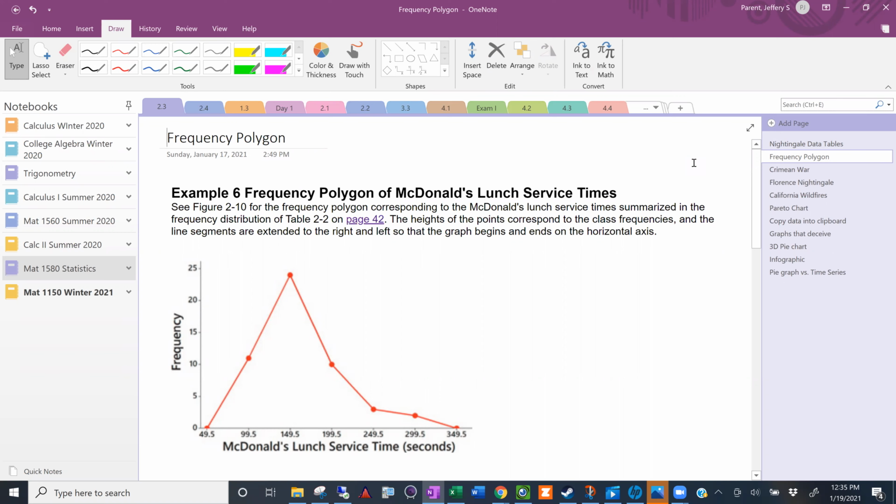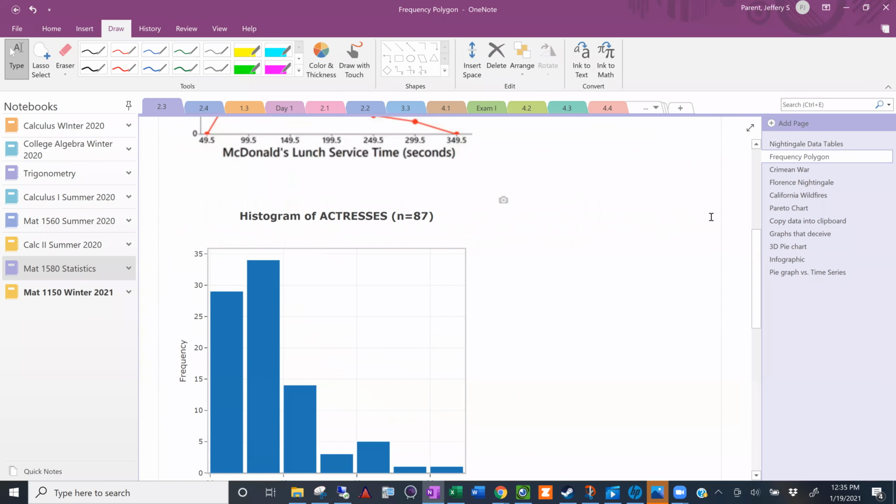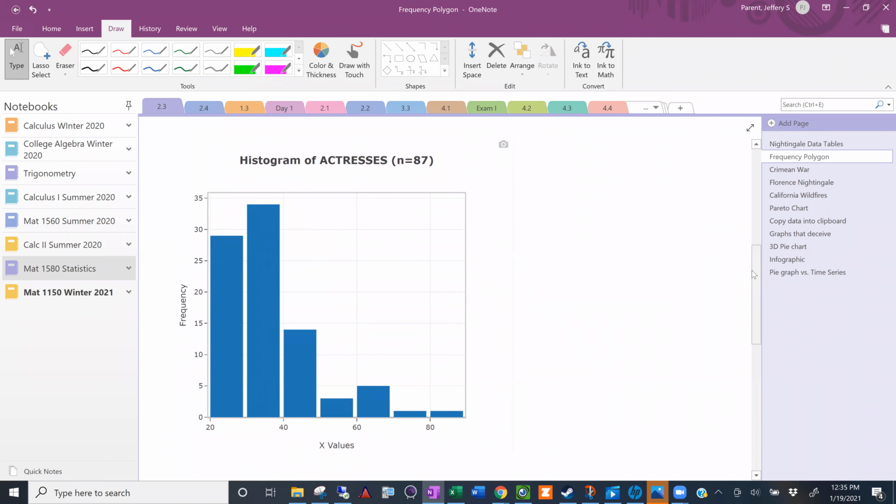A frequency polygon is really just going to take the place of a frequency histogram. Last week we learned about frequency histograms, and here's one for the best actresses. In constructing a frequency polygon, instead of these bars, you're going to put dots at these midpoints, and then simply connect the dots.